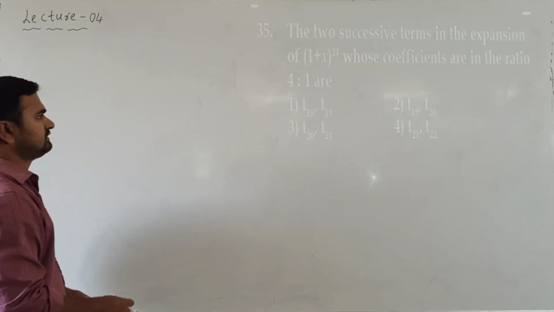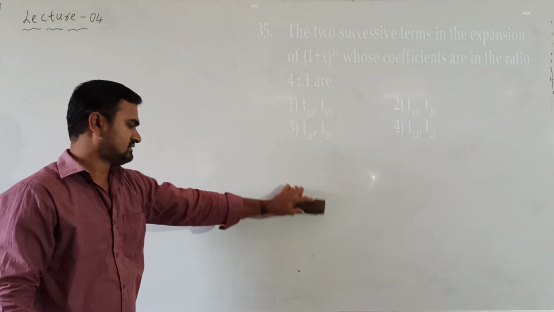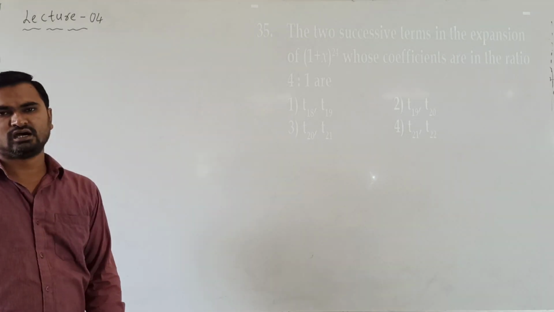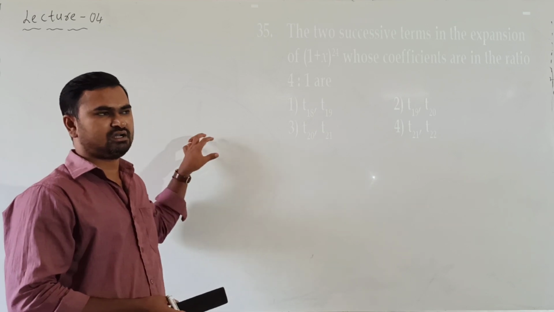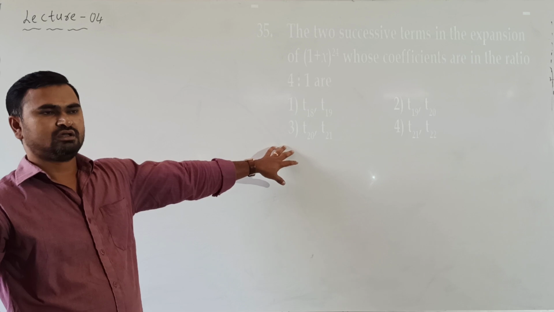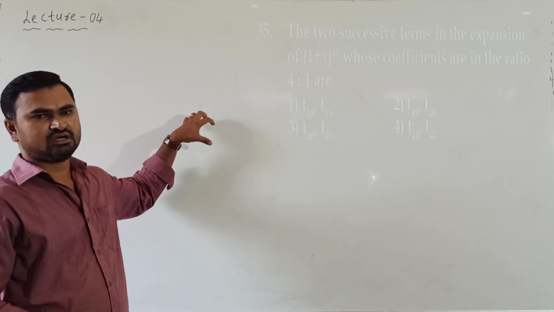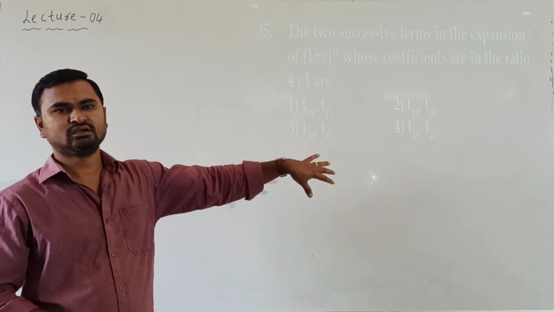Okay. So let us take the two terms as successive terms means if I take one term as TR, what will be next term? TR plus 1. So TR and TR plus 1 we can take, or if I take first term as TR plus 2, then we will take next successive term is TR plus 1.